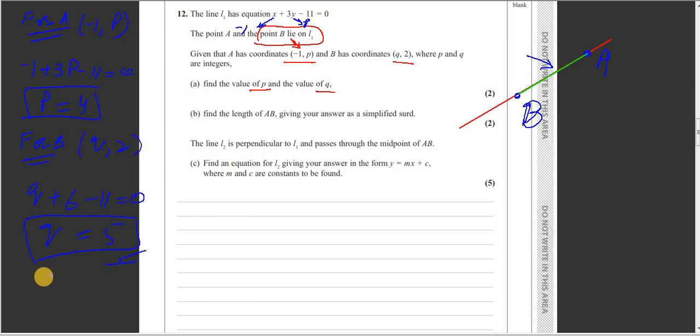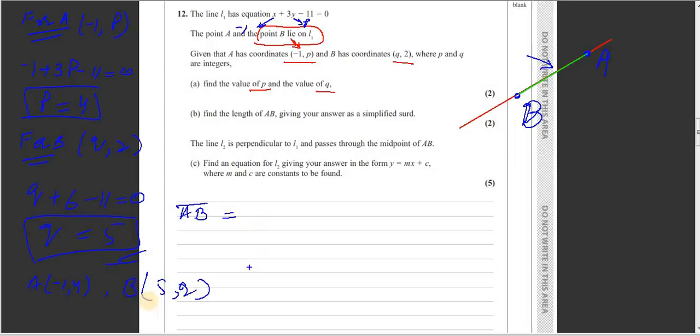So you have a coordinate of A. Now the coordinate of A is -1 and 4, and the coordinate of B is 5 and 2. So you can use the distance formula again. So the length AB is x2 minus x1 whole square.